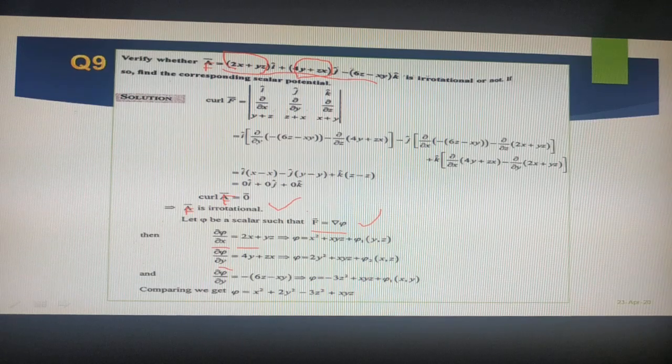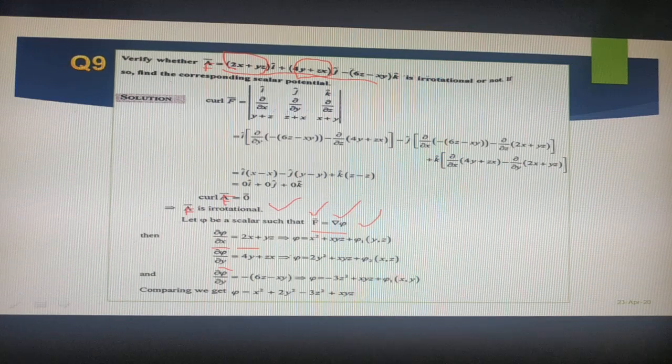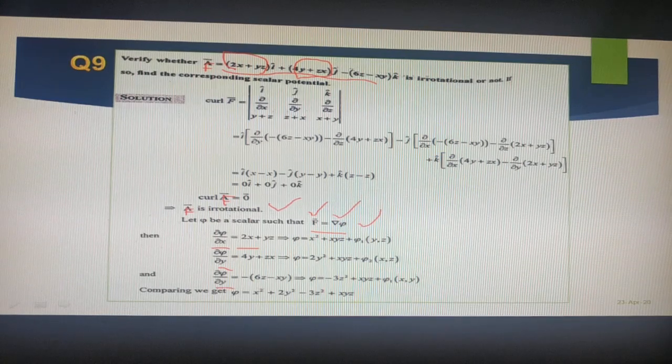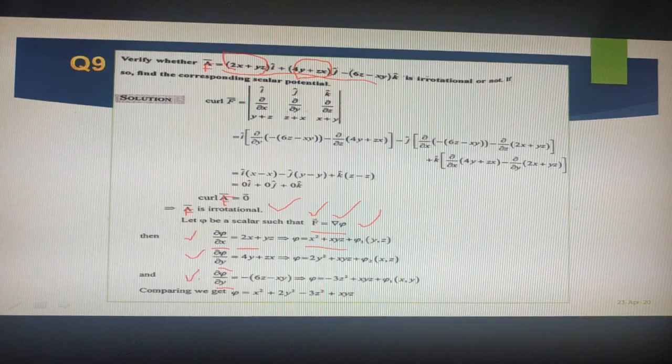Both sides are equal; this vector field as well as your del pi, which is again a vector field, both should be equal, so we are equating. And as I mentioned in the earlier problem, similarly we will find here: first one we will do with respect to x, second one with respect to y, third one with respect to z. We will go for integration, and we will get pi functions here.